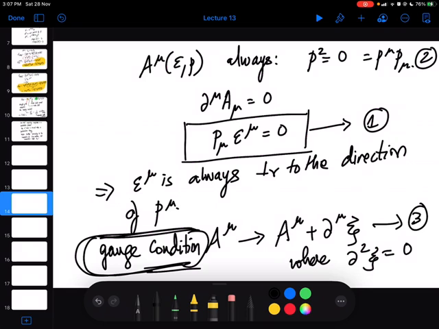I didn't go into that, but just to say that using the conditions of masslessness and the gauge properties of the photon field, you can show that it has only 2 degrees of freedom, because its polarization vectors are always perpendicular to the direction of propagation.